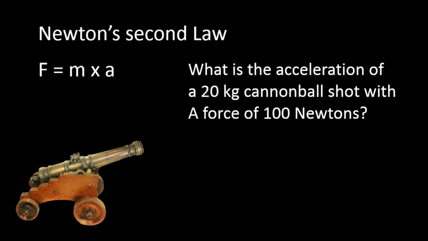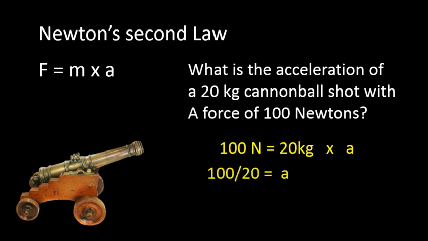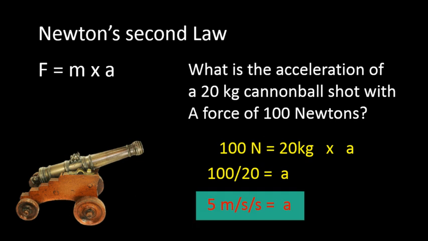So using the formula F equals M times A, force equals mass times acceleration, we get 100 newtons equals 20 kilograms times acceleration. And doing the math, we have 100 divided by 20 is going to equal the acceleration, and we get an acceleration of 5 meters per second per second.